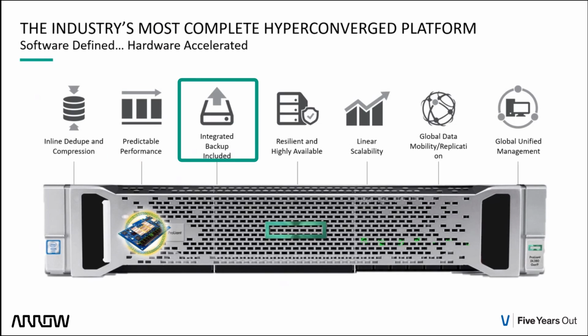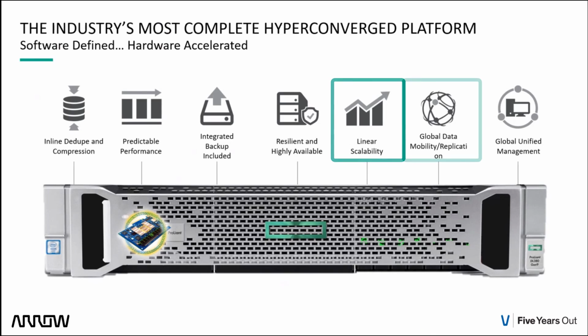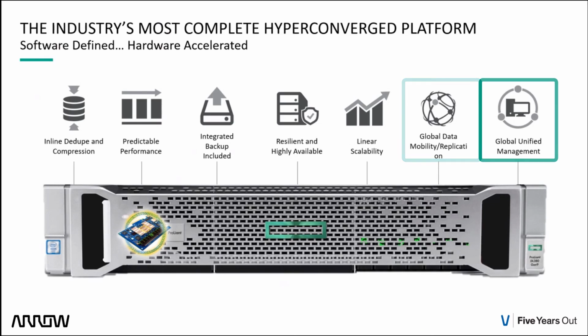Our backup is native to our OS, not integrated into the environment, and backups are free from a storage and compute standpoint. We use a combination of RAID and RAIN for the strongest protection in the HCI industry. We offer linear scalability with one-click upgrades to your environment. Our global virtualization of data makes our global replication absolutely incredibly efficient and fast. And this whole environment is managed by one pane of glass, vCenter.